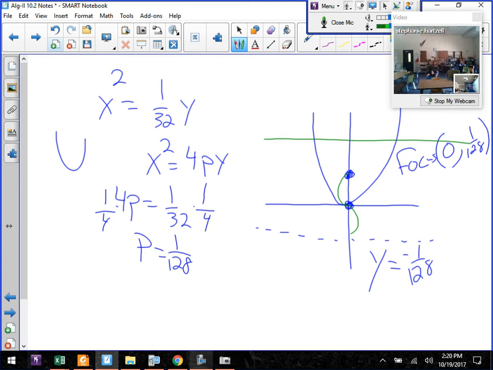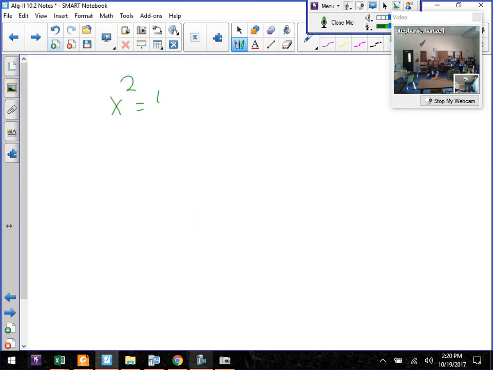Or remember the short little trick I said a second ago: x squared equals 4py, y squared equals 4px. The x squared parabola has a y for a directrix. The y squared parabola has an x for a directrix. See how it kind of bounces off like that? It's a nice little trick to know. It's weird, but trust me, it's not that tough, is it? Shouldn't be.